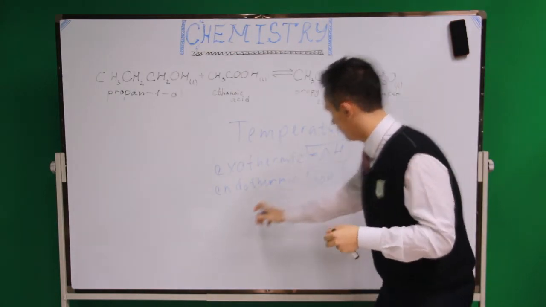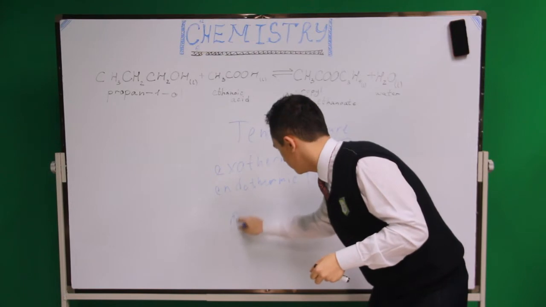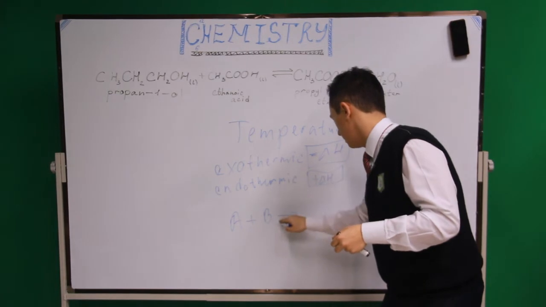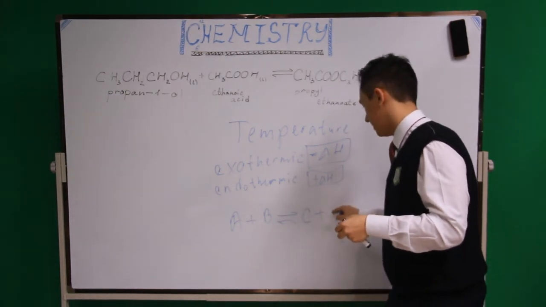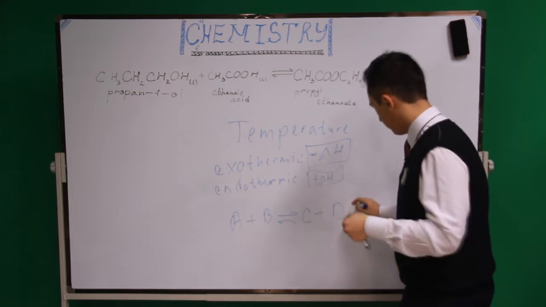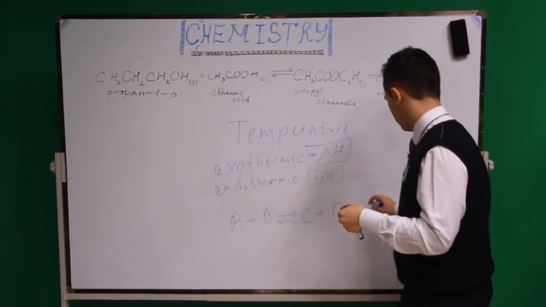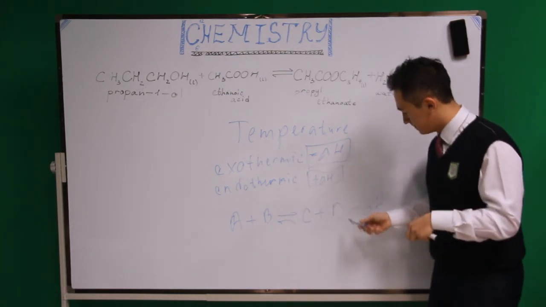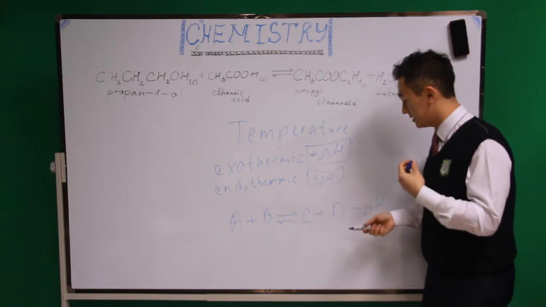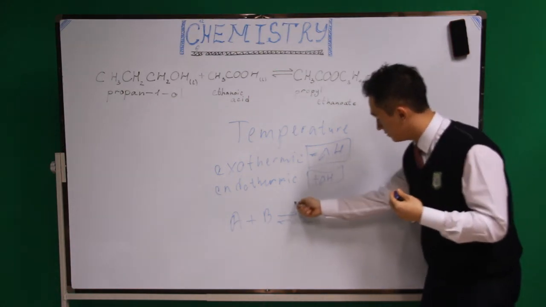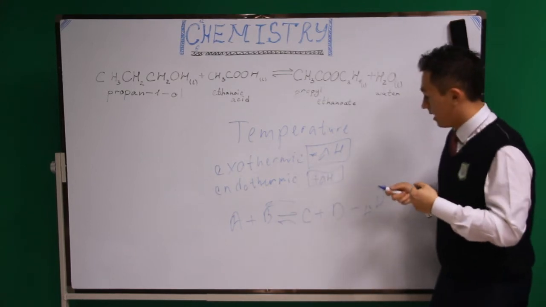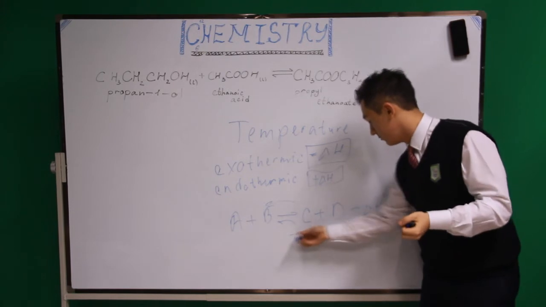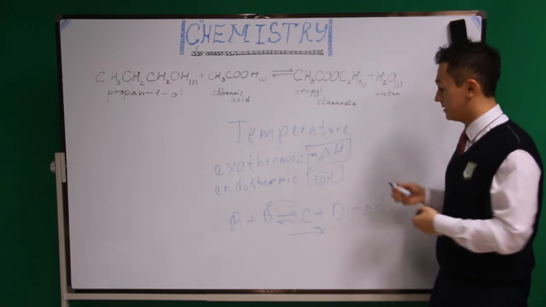For example, here is A plus B and C plus D, minus energy released, an exothermic reaction. So, as I said before, if we increase the temperature, the reaction will shift to the left. And if we decrease the temperature, the reaction will consequently shift to the right.